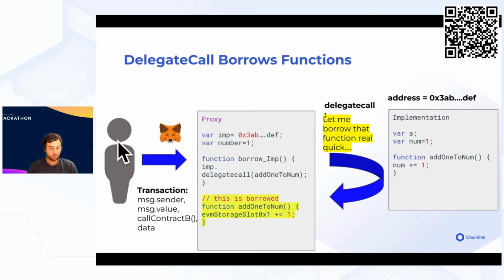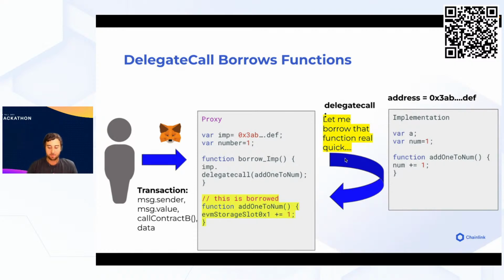So in this case, we have the user, they're sending a transaction. They're going to call this function add one to number, right? They're going to call borrow imp right here. And borrow imp is going to delegate call to the implementation. It's going to forward all those transaction values again, message.sender, message.value.